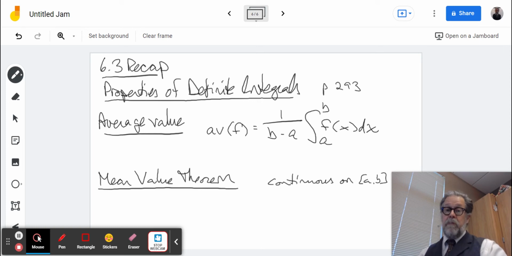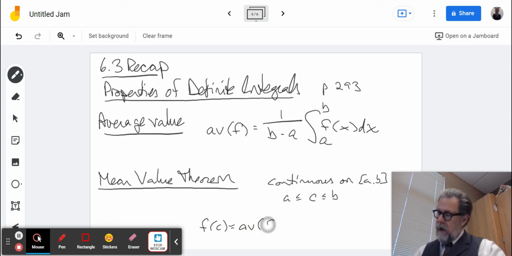But there will be some c in the interval, so a less or equal to c less or equal to b, such that f of c is equal to the average value of the function. So find that average value, and then there must be some point in that interval where the function equals the average value. In other words, you can't get from one side to the other without going through the middle, to put it non-mathematically.